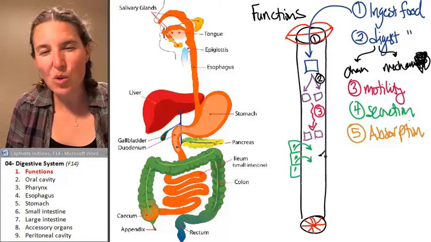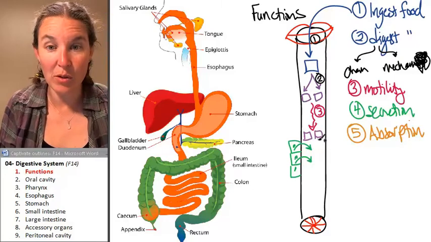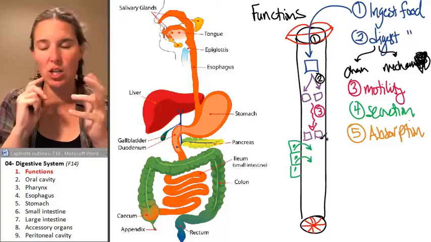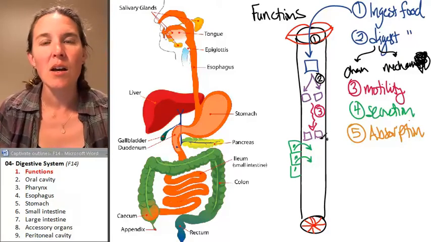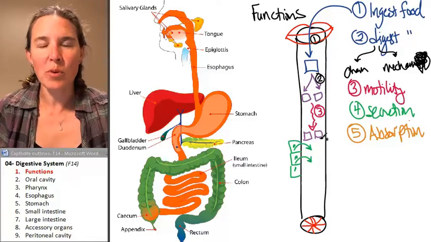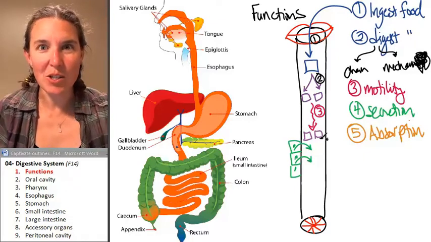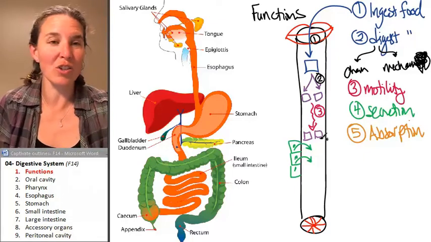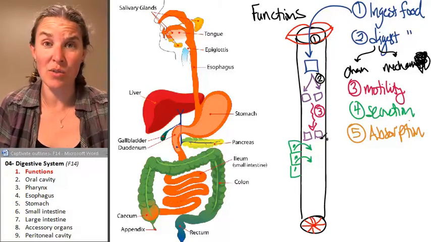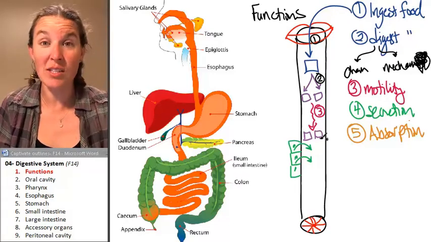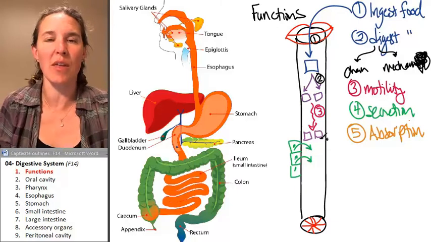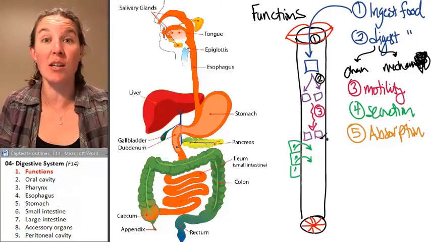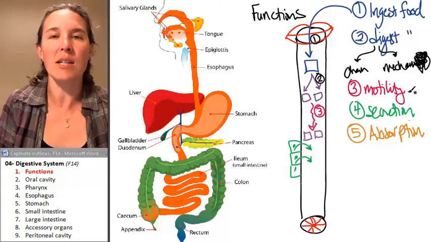Once you break down your food, it gets digested into smaller pieces. What is the point of breaking it into smaller pieces in the first place? Well, your cells actually cannot use the hamburger directly. Your cells have to use the molecules in the hamburger. They can't make energy that you can use out of an entire hamburger.